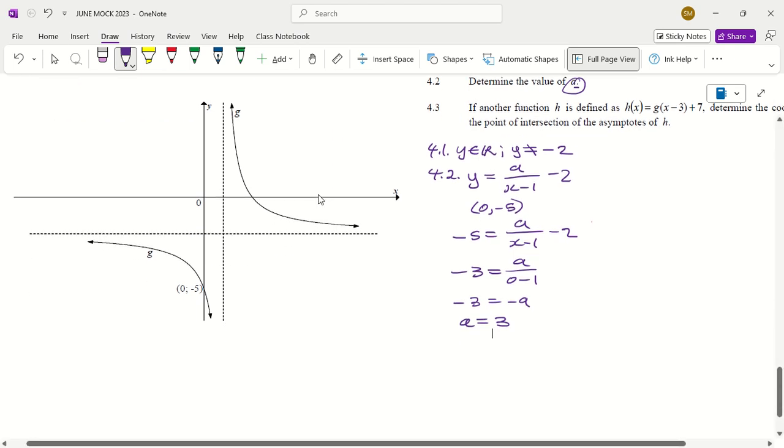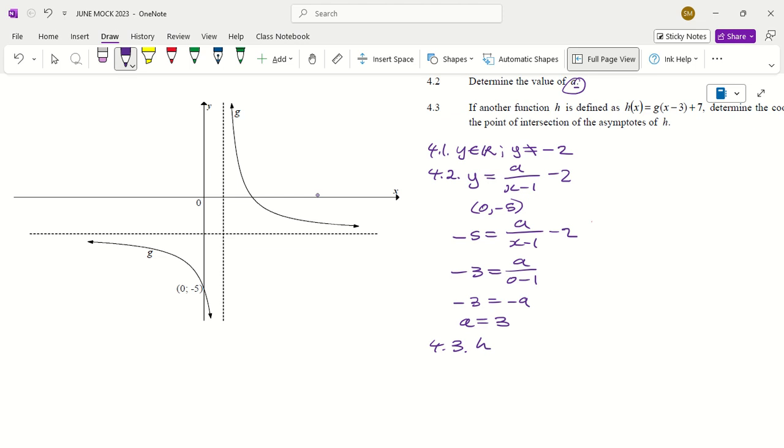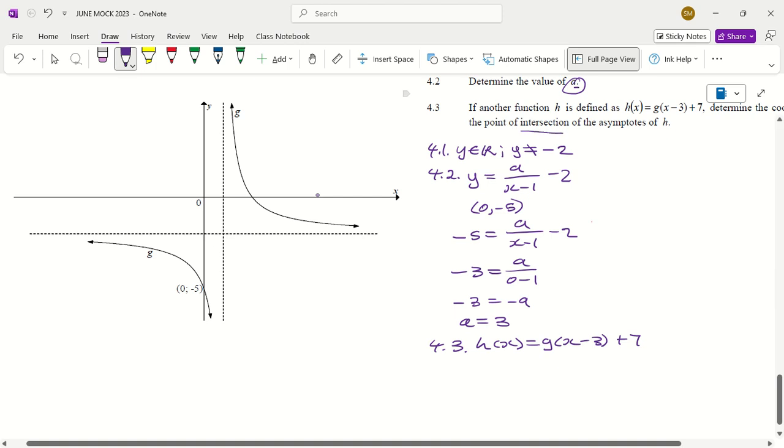Then the next question now we have is 4.3. So for 4.3, we can see that another function h is given by h of x is equal to g of x minus 3 plus 7, then we need to find the point of intersection of the asymptotes from finding the equation.